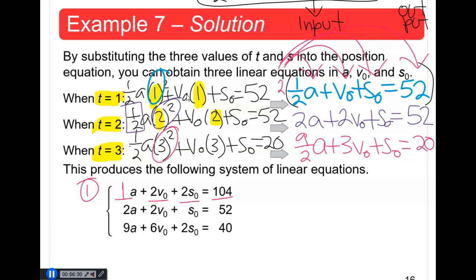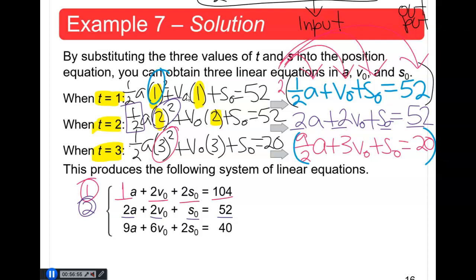So for equation number 2, you can see that all the coefficients are already integers. So there's no problem. We don't have fractions, so we just leave it like that. Equation 2 is right there: 2a, 2v sub 0, 1s sub 0 equals 52. And then finally, for the third equation, we are going to also get rid of the half.